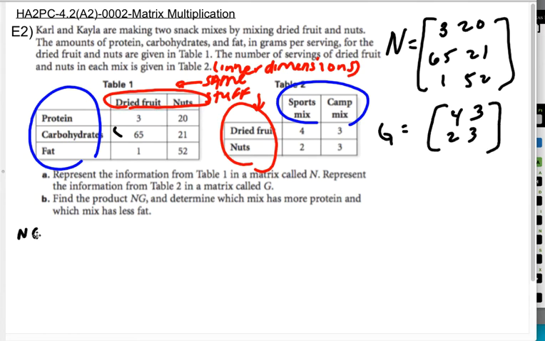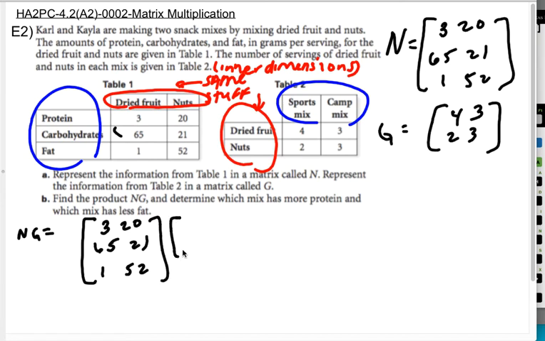So NG is going to look like this, right? It's going to be 3, 20, 65, 21, 1, 52 times 4, 3, 2, 3. Notice that this is a 3 by 2 times a 2 by 2. The inner dimensions match. So our answer is going to be a 3 by 2, right?